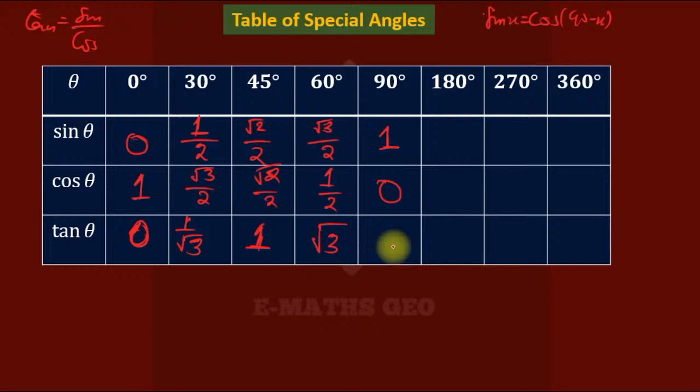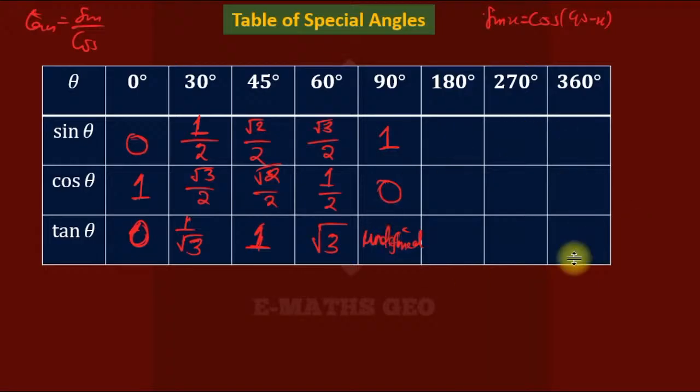Then 1 divided by 0 is undefined, because we know division by 0 is not defined in mathematics. So do you see how we fill this up?